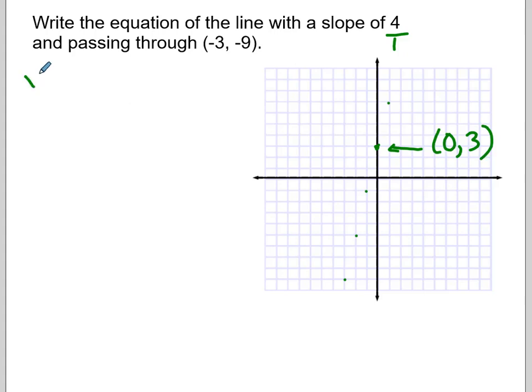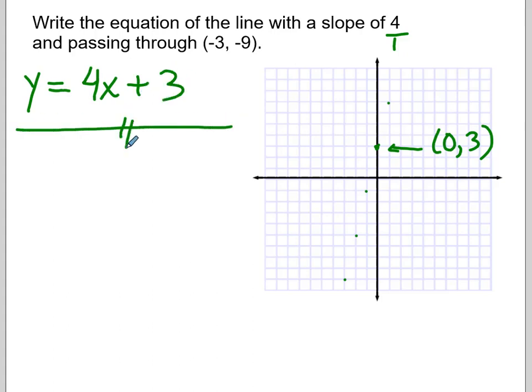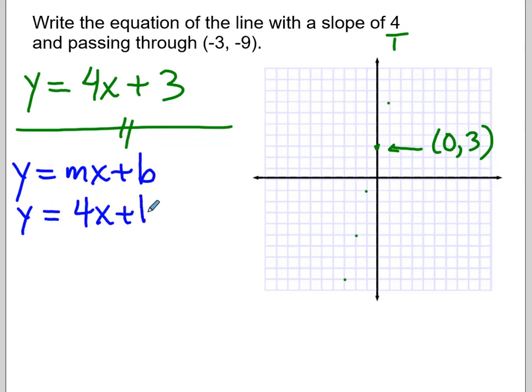Okay, so if I take those two pieces of information, my slope is 4 and my y-intercept is 3. There's my equation from the graph. Okay, but let's do it quickly algebraically just so we have that in our minds. We write down the equation of the line. We substitute in our slope. That was step 2. Step 3, we sub in our point, making sure we put our x's and y's in the correct location.